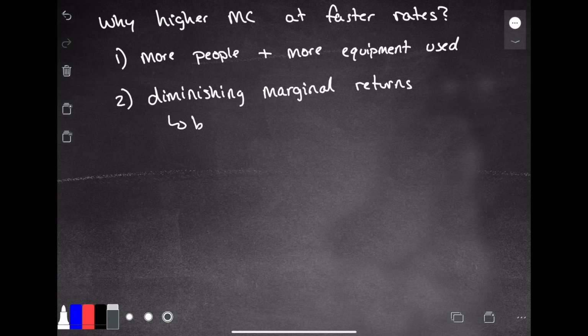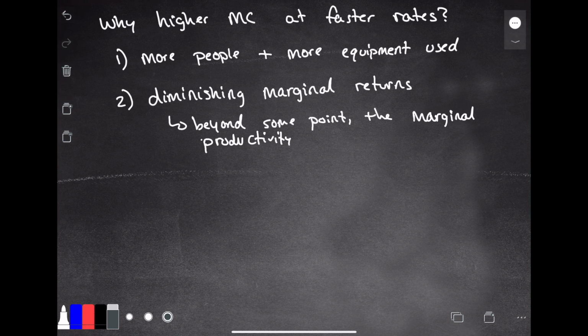So, beyond some point, the marginal productivity of a resource must decline. And this is an easy one to think about, perhaps in the context of fertilizer and plants.